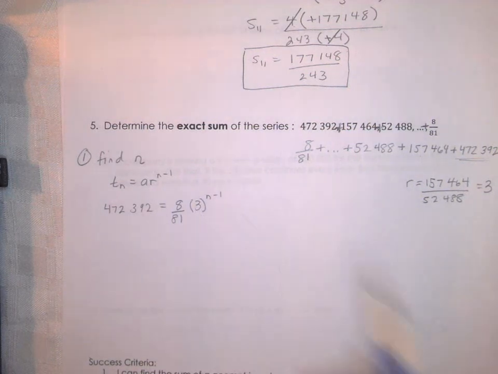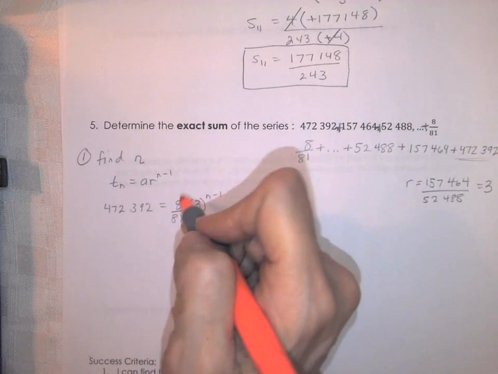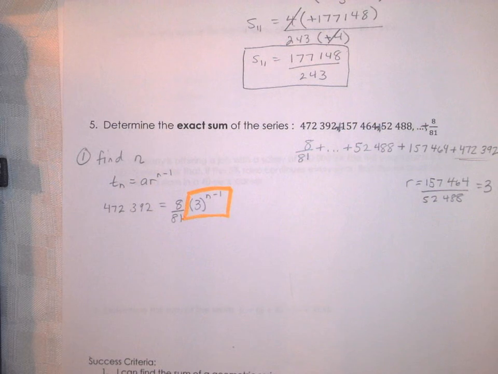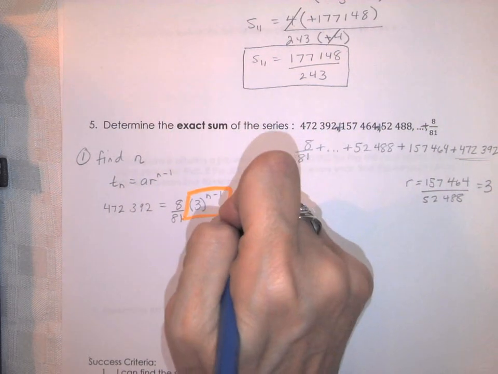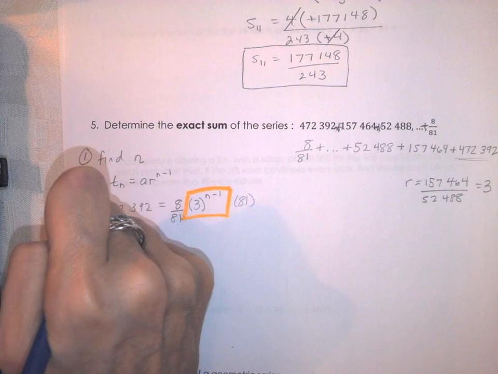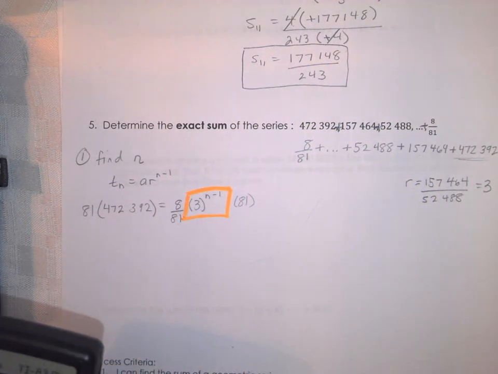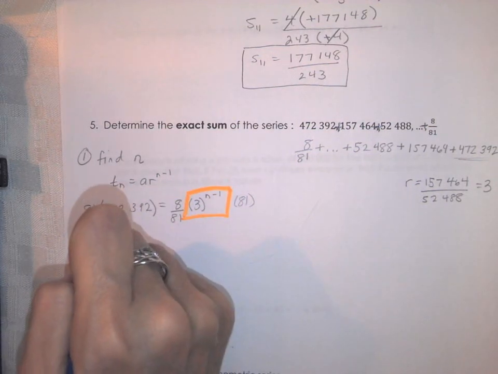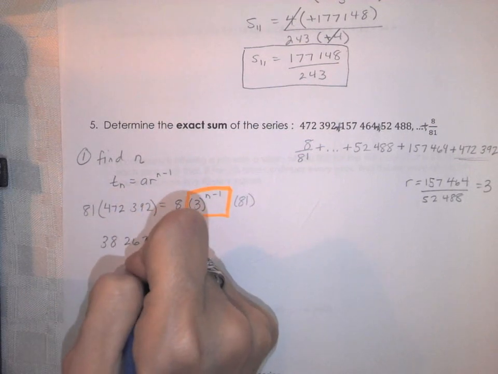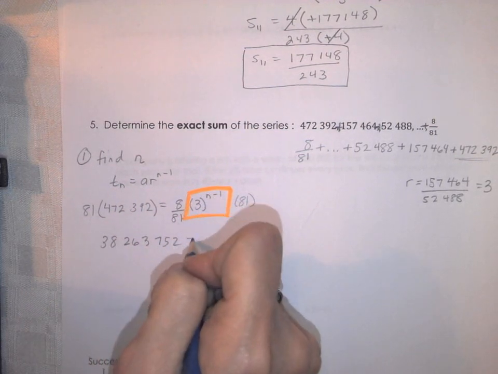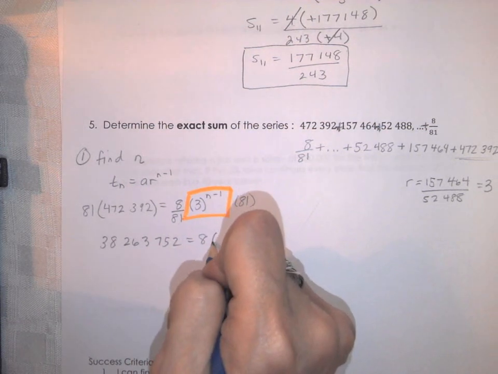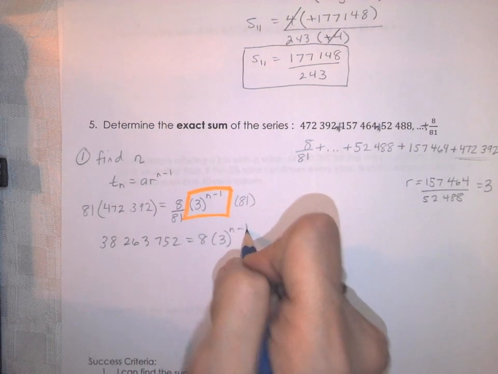So first thing I want to do again is get this exponential part by itself. So in order to do that, I'm going to first multiply both sides by 81 to undo this divide by 81, which is going to give me a really large number. On the left side, 81 times 472,392 gives me 38,263,752, and that's 8 times 3 to the power of n minus 1.